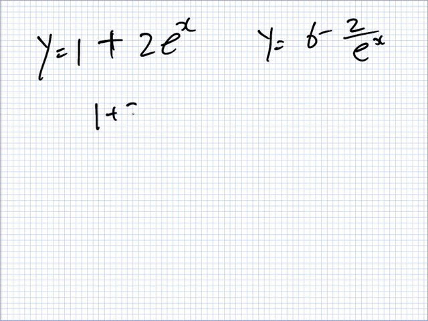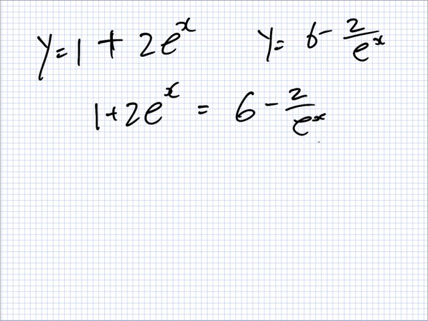Okay, so I have 1 plus 2e to the x equals 6 minus 2 over e to the x. What should I do first here, do you think, to solve this? It's kind of a bit of a pain that this is in the denominator.